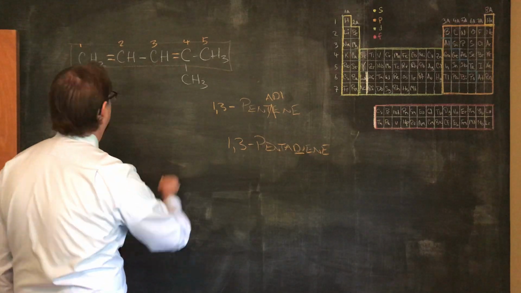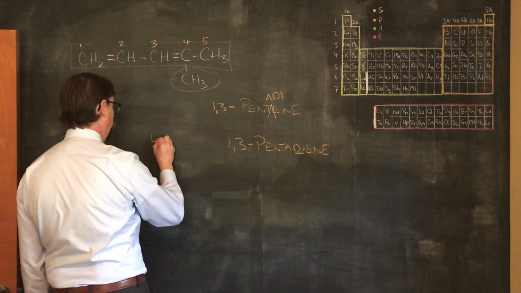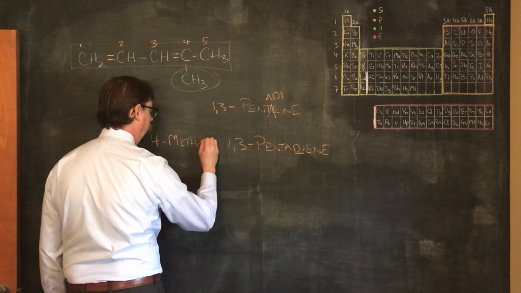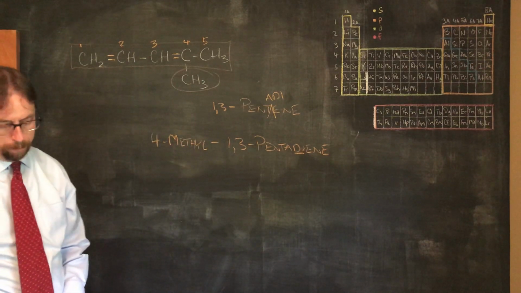Now we just need to indicate we have 1 branch, it's off the 4th carbon, so this would be 4-methyl, because it's a single carbon branch, dash 1,3-pentadiene.